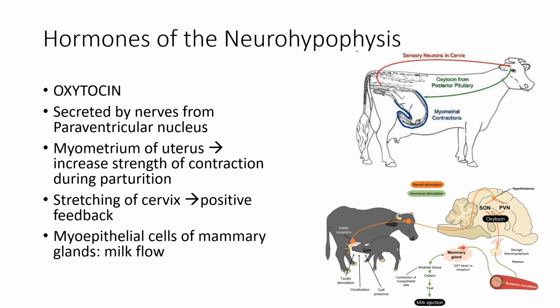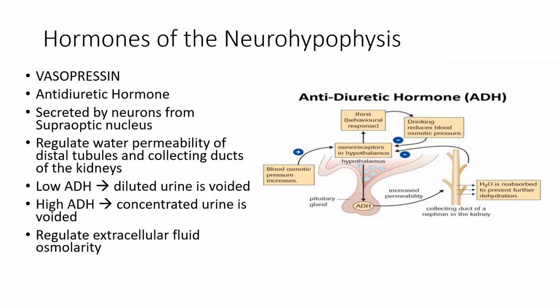Oxytocin finds its way to the mammary gland and of course allows for milk flow. So those are two of the major roles of oxytocin in reproduction: it increases myometrial contraction and it allows for milk flow in mammals.